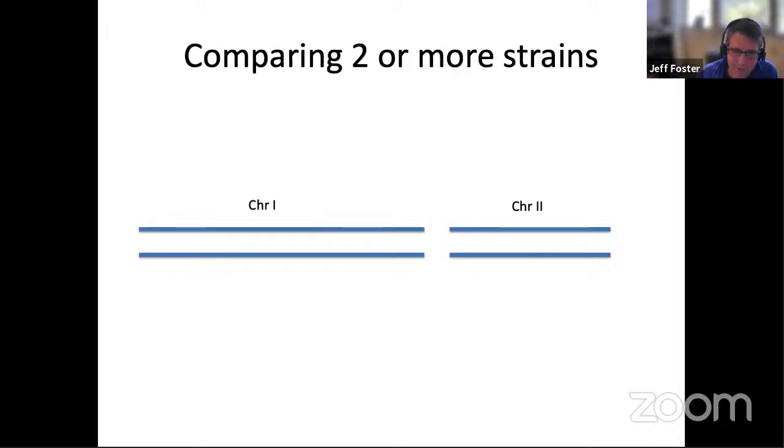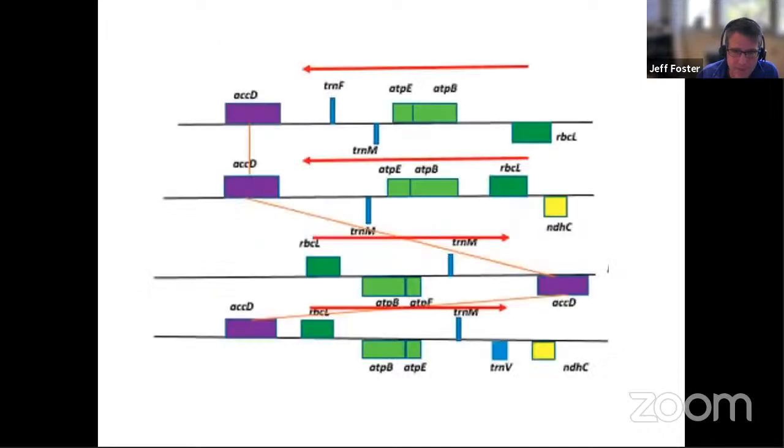But it becomes really complicated really quickly, because bacteria don't keep the order of their genes exactly right, especially from strain to strain. So if we tried to do this comparison, we really couldn't do it because of the shuffling and recombination that occurs even in an organism like Brucella. This is just a simple example. We can see here that this one gene on the left-hand side, ACCD, has moved in the top two strains.